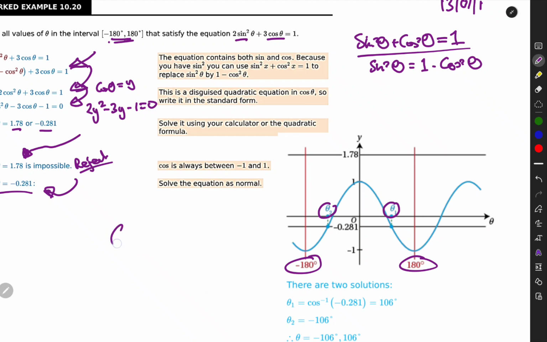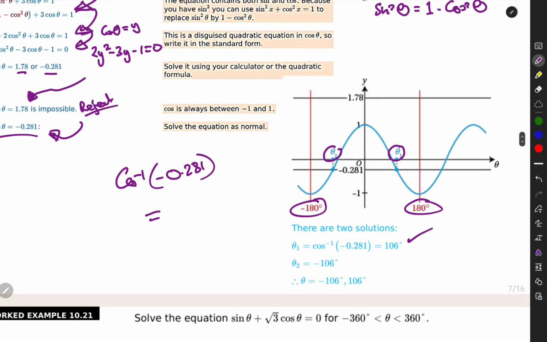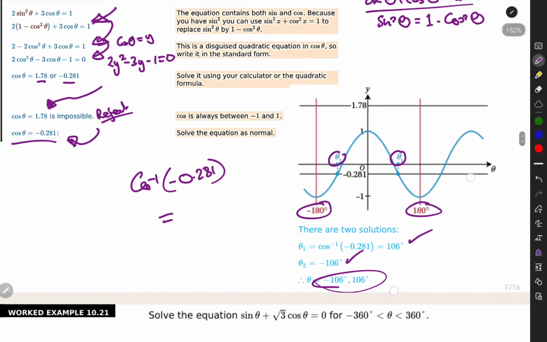So plugging cos inverse of -0.281 in the calculator, the first value you get out is this one, and because it's symmetrical, you're going to get this one, giving you your two solutions here.